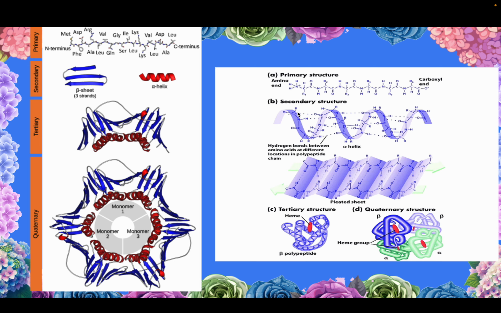So this graph shows it better. You can see how the alpha helix works, and then you can see how the beta sheet works. As you can see, there are hydrogen bonds between all of those. And then here you can see the actual number for an alpha helix is 3.4 amino acids per alpha helix turn. That's just a fun fact. But yeah, I like alpha helixes more.